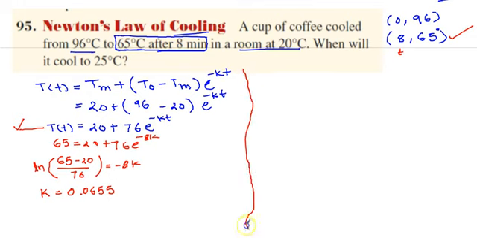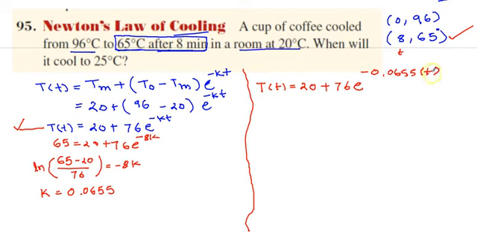Our model is going to be T of t is equal to 20 plus 76 e to the negative 0.0655 t. This is my equation. This equation I have to use to predict the temperature or predict the time.